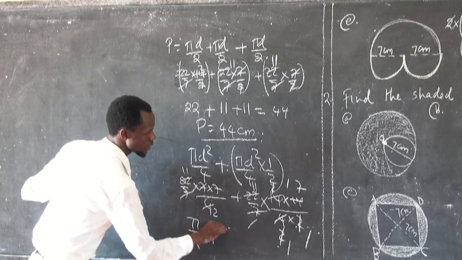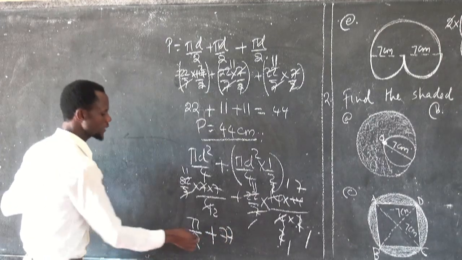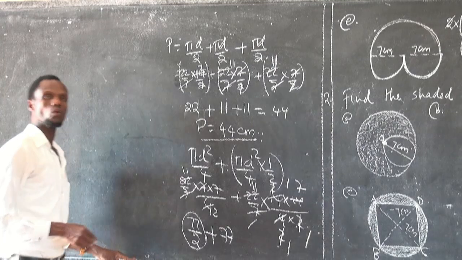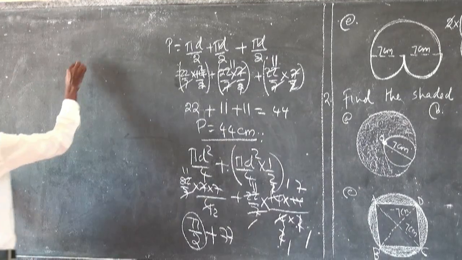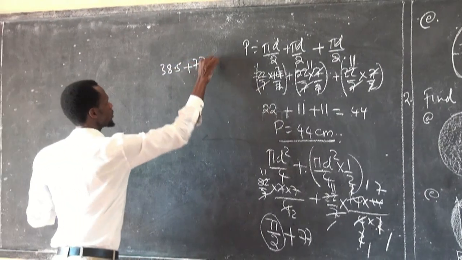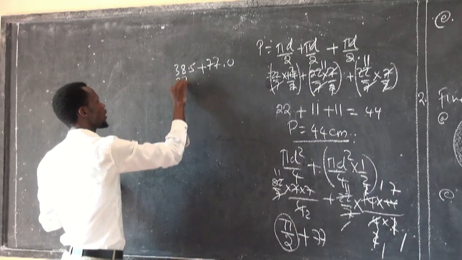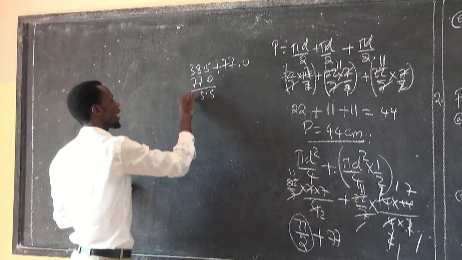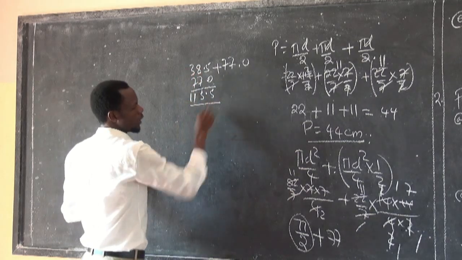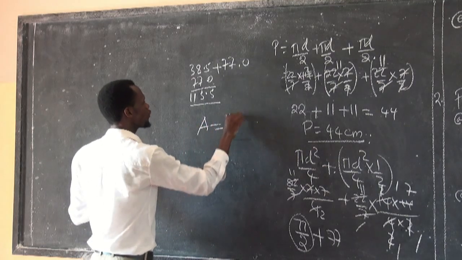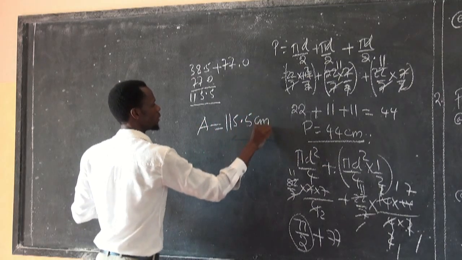Then plus what? 77. But remember, this is a fraction, so we convert it into decimal numbers. Then we have 38.5 plus 77.0. Let us put them together. The answer, the area, is equal to 115.5 centimeters squared.